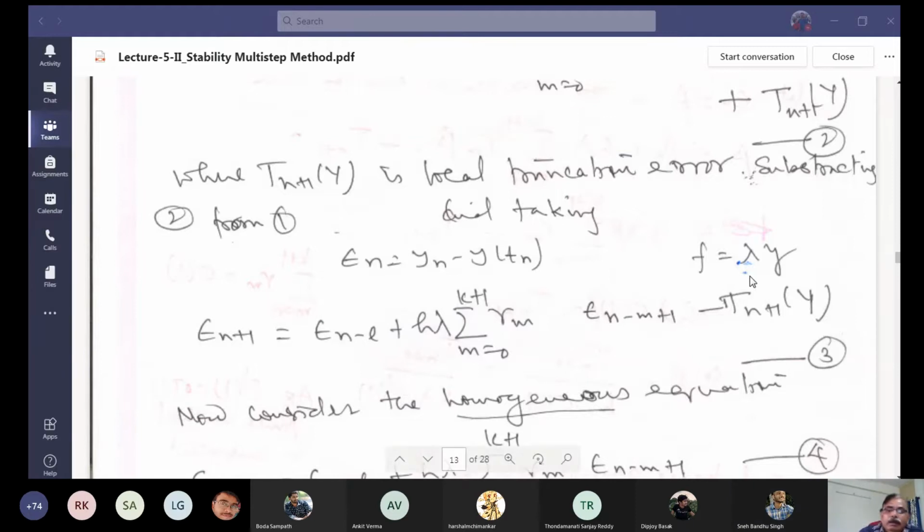Now, this is a difference equation, but it is a non-homogeneous difference equation. This term is a non-homogeneous term which does not have the epsilon_n part. So we'll just remove this, just like your differential equation. If you remember, if a non-homogeneous differential equation is there, then you first find the solution of the homogeneous differential equation and write the general solution of that.